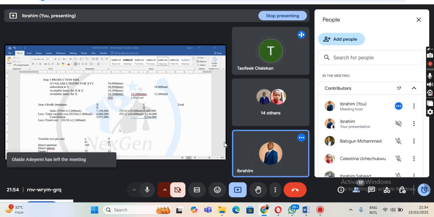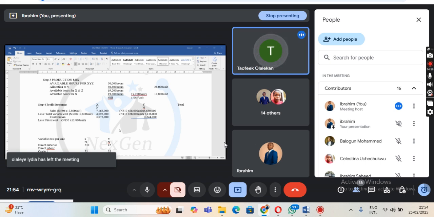Hello, sir. The reason why we have to use 12,800 is because our fixed cost is calculated per unit.